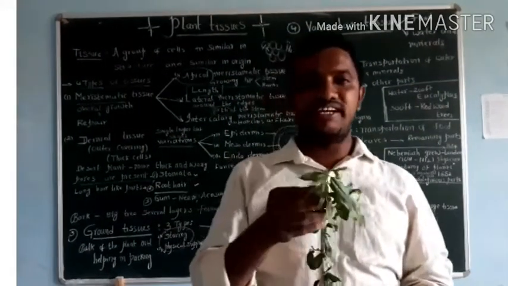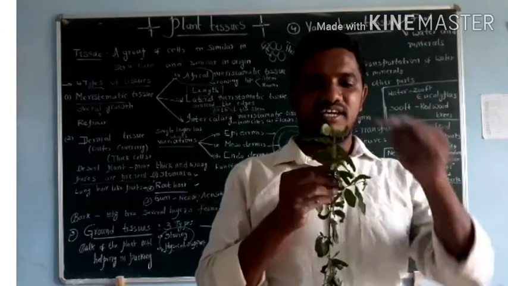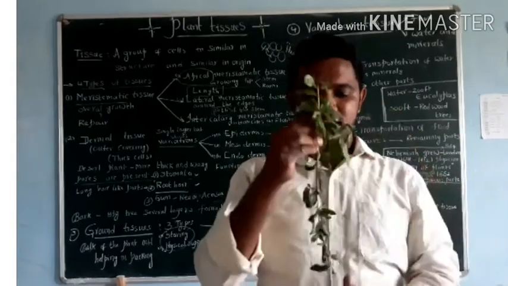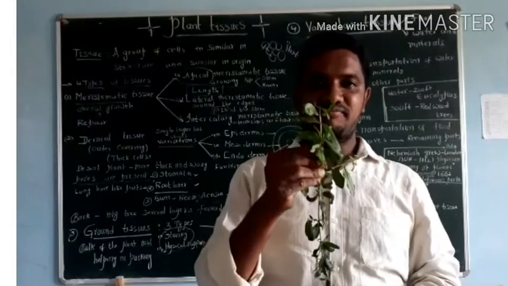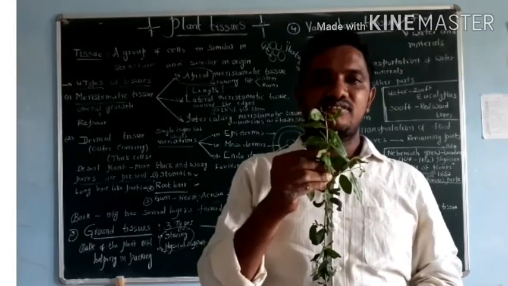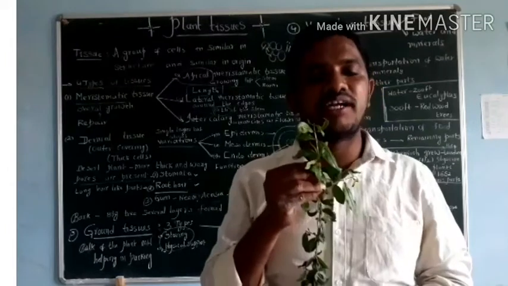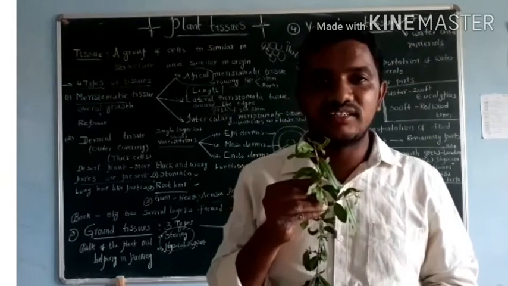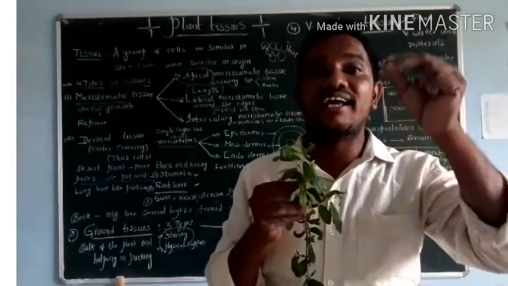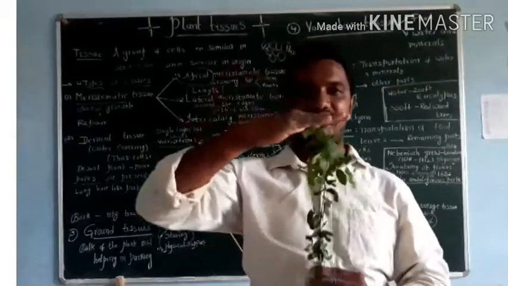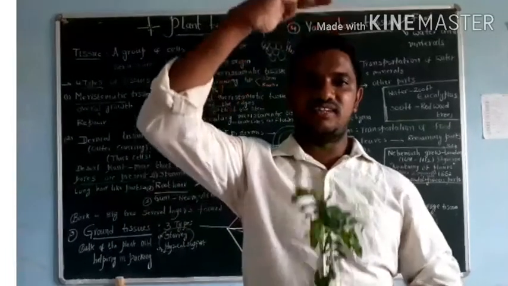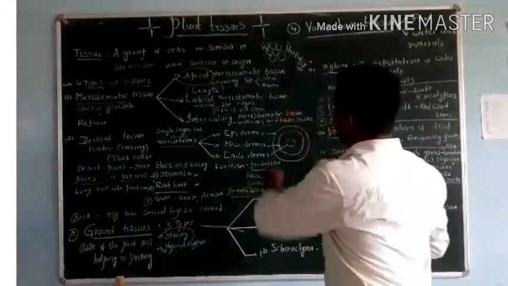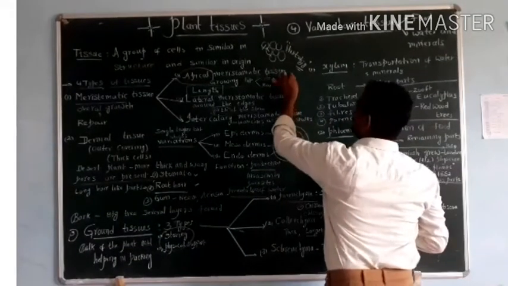Apical meristematic tissues are present at the tip of the stem and tip of the root, and they help in growing the length of the stem.